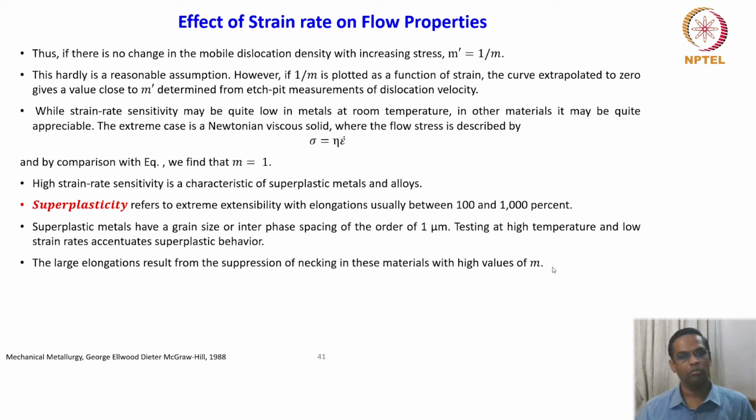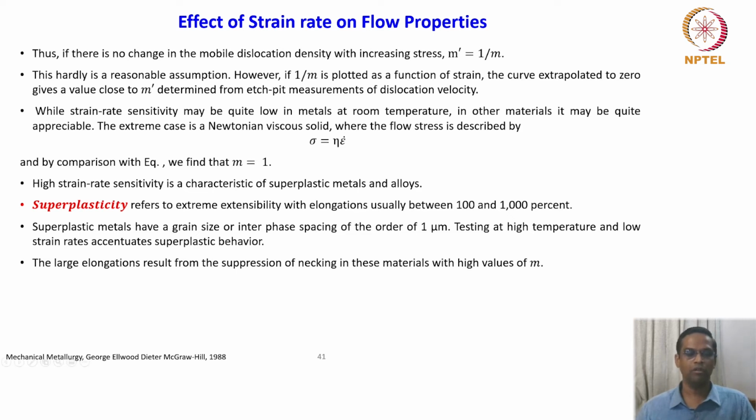We just looked at the necking phenomenon elaborately. So we have to suppress the necking. That means these materials should have high values of M. So high values of M also give an indirect measure of resistance to necking.